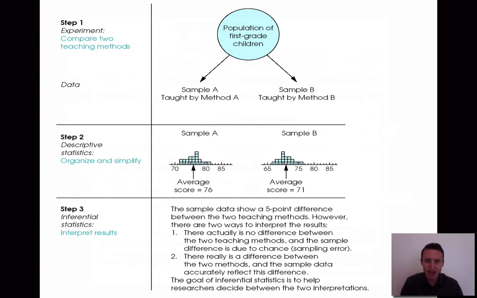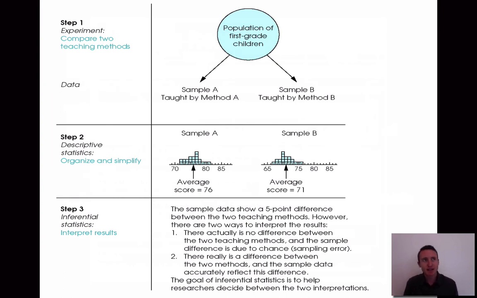The first is that there's a statistically significant effect brought about by the differences in teaching method. Or put differently, teaching method A is simply better than teaching method B, and therefore students who were in group A got higher grades because the teaching method was better than those in teaching method B. So we call that a statistically significant effect.